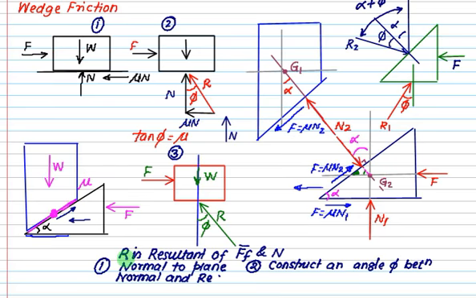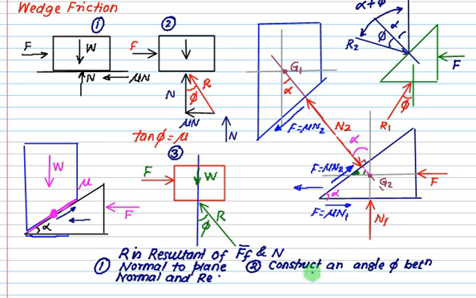Step number 1, R is the resultant of friction force and normal. How you are going to draw this: first draw the normal to the plane, not vertical. Normal to the plane. Your plane may be horizontal, vertical or inclined, but you have to draw the normal to the plane.